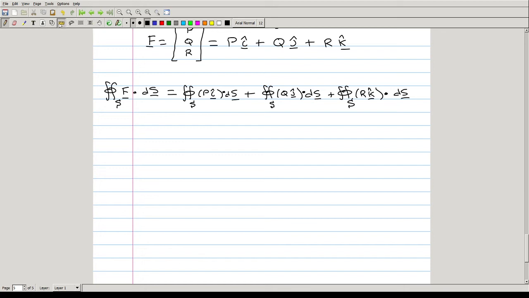Specifically, we'll start by just considering this integral right here.